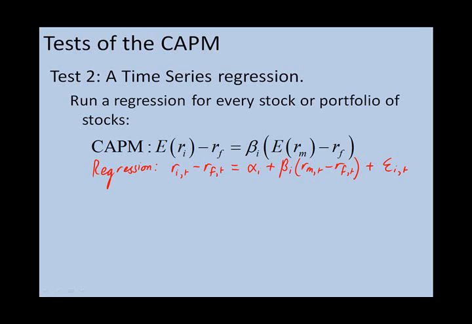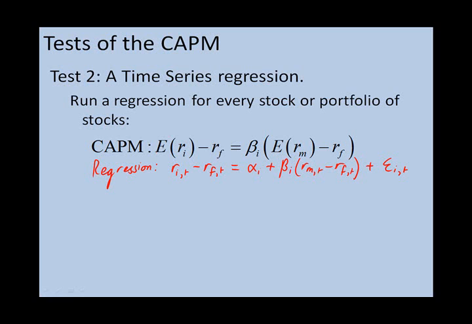If the CAPM holds for a stock, what should the value of alpha be? This is the second test. What is the value of alpha? To see what it should be according to the CAPM, we again have to match up the terms.